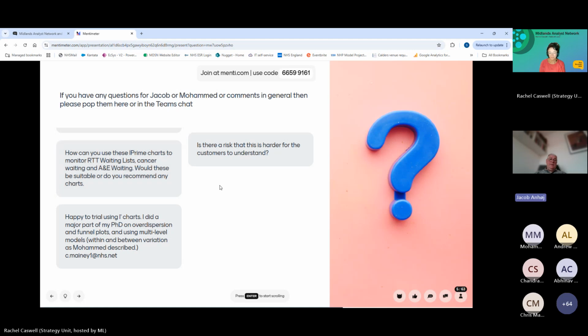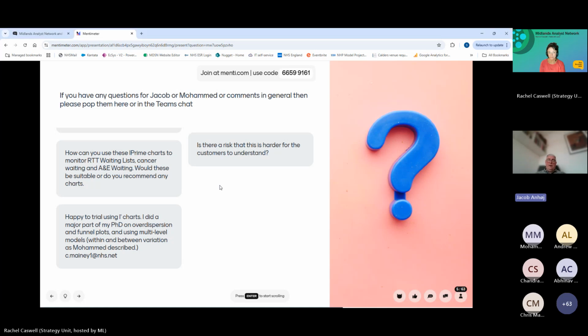Yes, I have looked at some waiting list data. It depends on what type of indicator you're working with. If you're working with the percentage of patients that are seen within a standard time, this would be a traditional proportion chart, and the I prime chart works, as we have seen, fine for those.